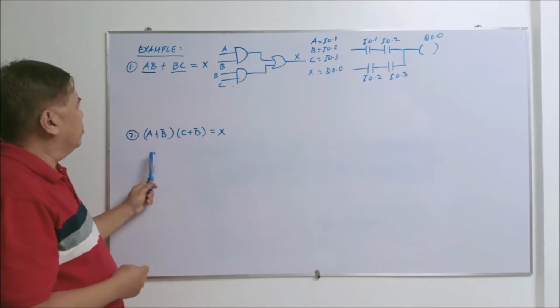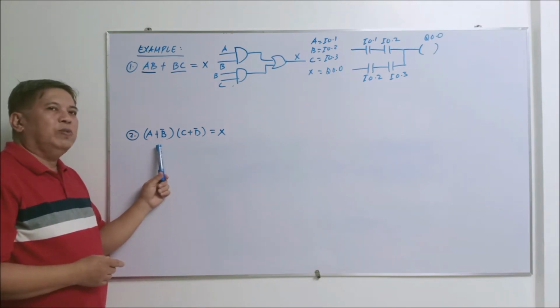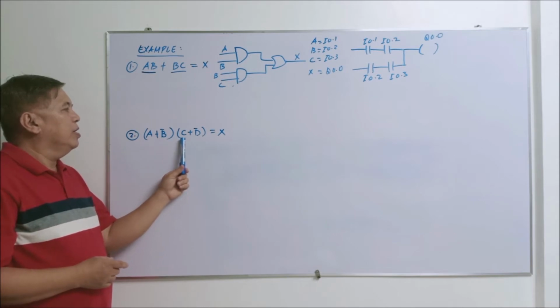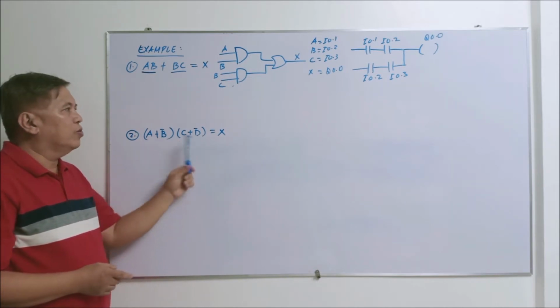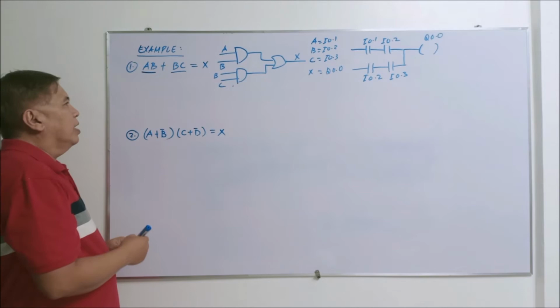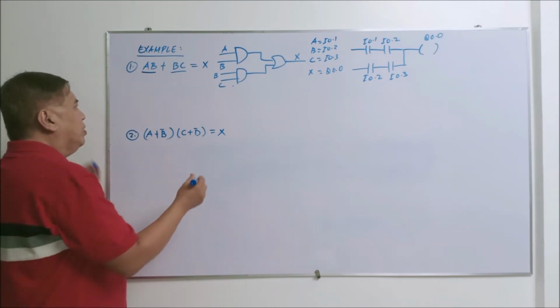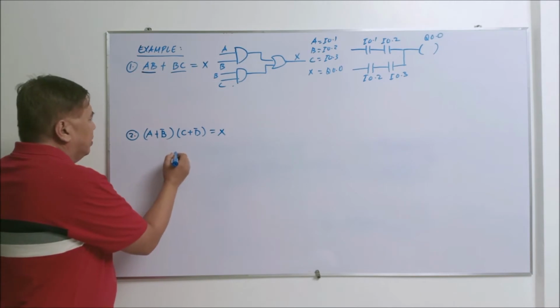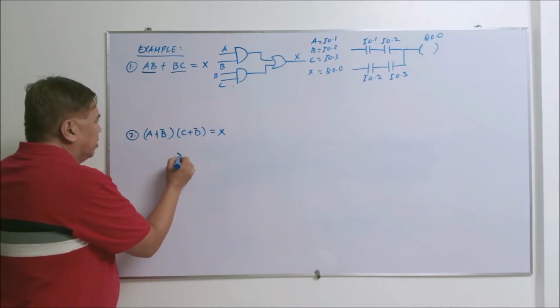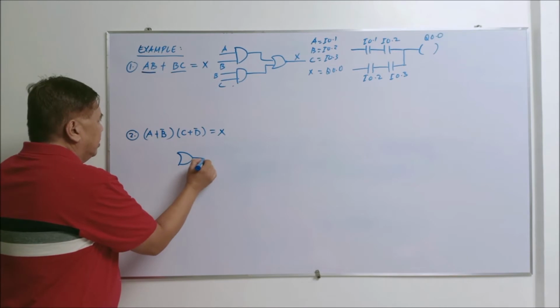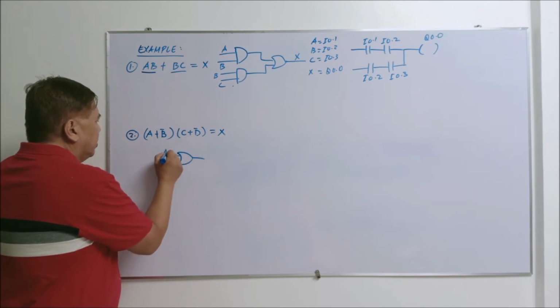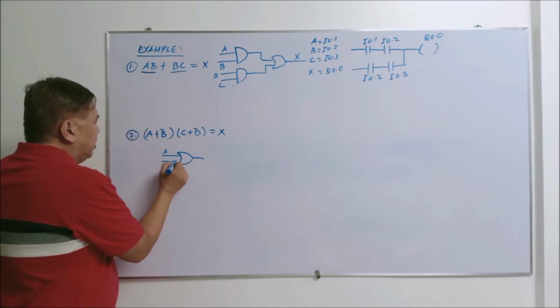How about number 2? So you have (A plus B complement) times (C plus D complement) is equal to X. Same representation. If we draw the logic circuit equivalent, this will be an OR gate. So this is your A, and B here is complemented.